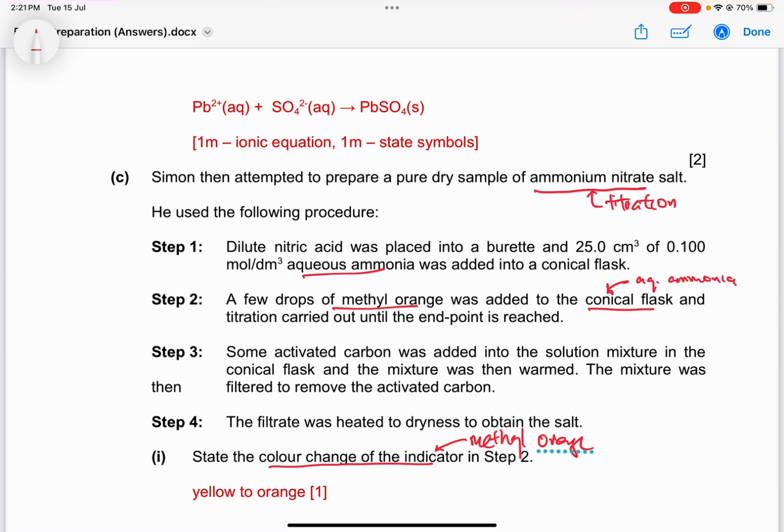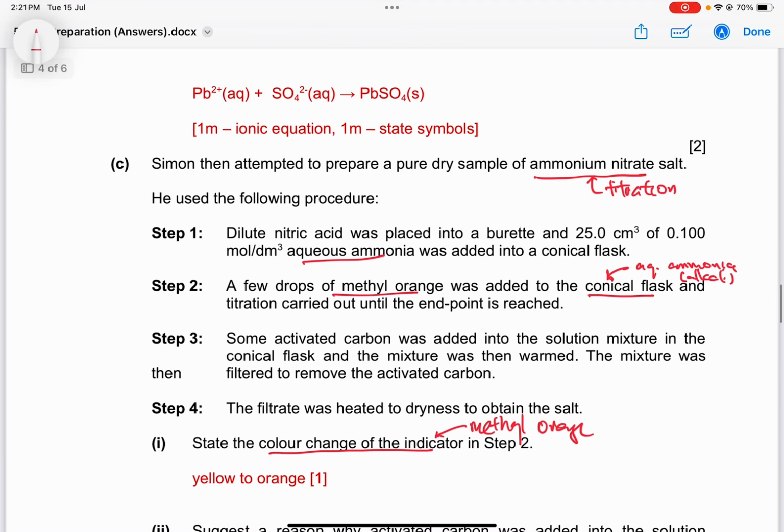Aqueous ammonia is an alkali. So what is the color when the methyl orange is added? Methyl orange will be yellow in the alkaline solution, which is purely your aqueous ammonia.